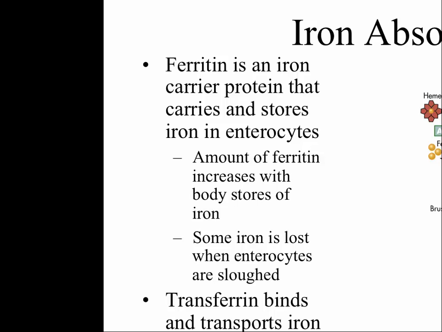So there's an enzyme here on the brush border called ferric reductase. This is going to turn the 3+ iron, or ferric iron, into ferrous iron so that your body can absorb it. Once it's absorbed, it is bound to a protein in the enterocyte called ferritin.